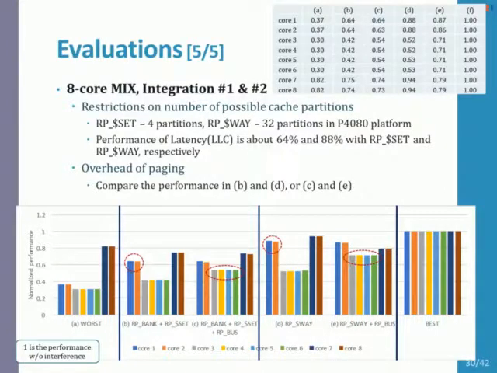As I mentioned before, if we use set-based cache partitioning, some cores should share the cache space. So this is the performance due to that limitation. And you can see the overhead of paging by comparing this graph and this graph.